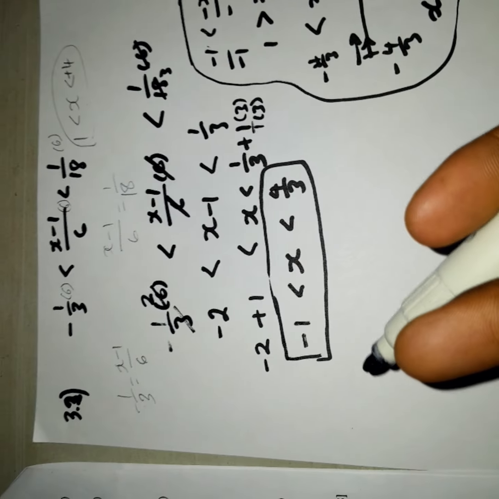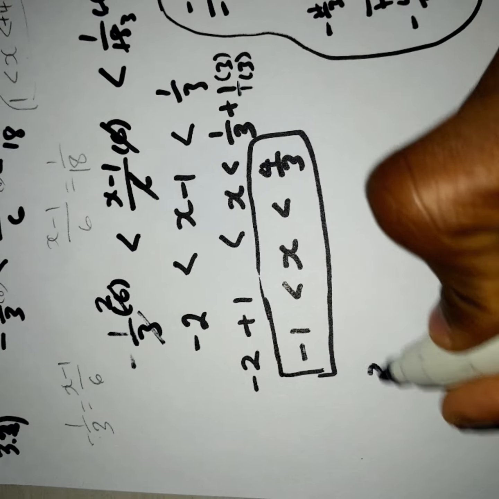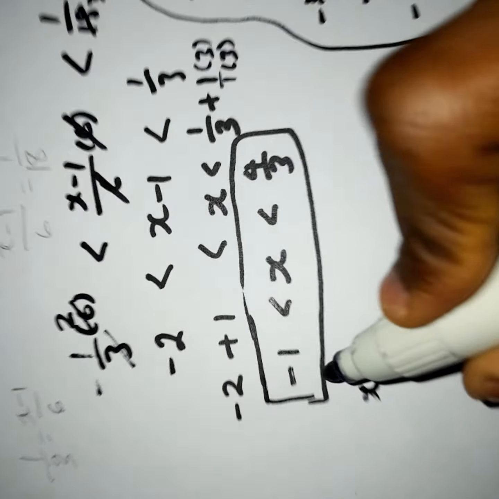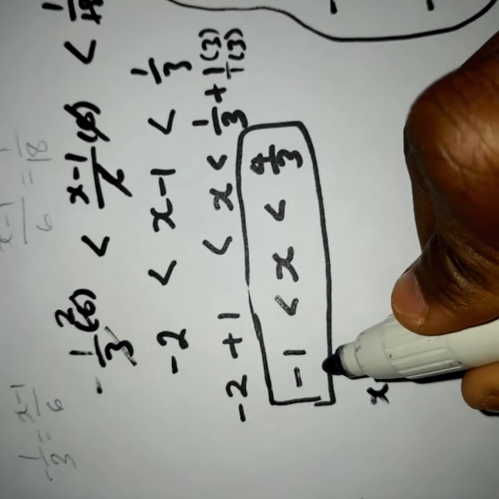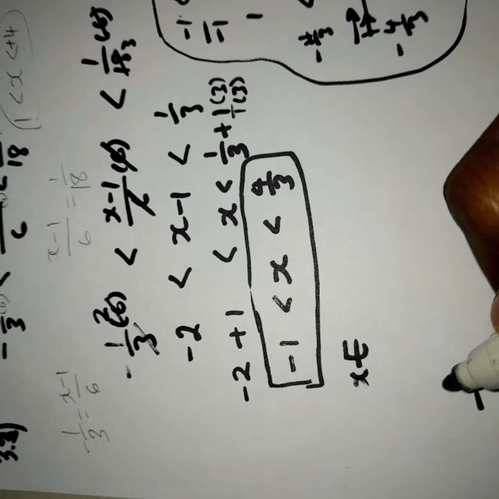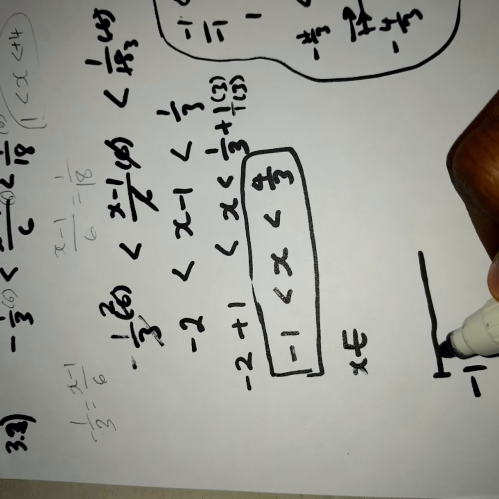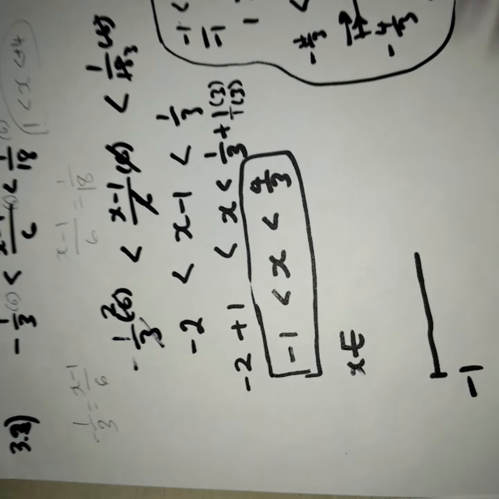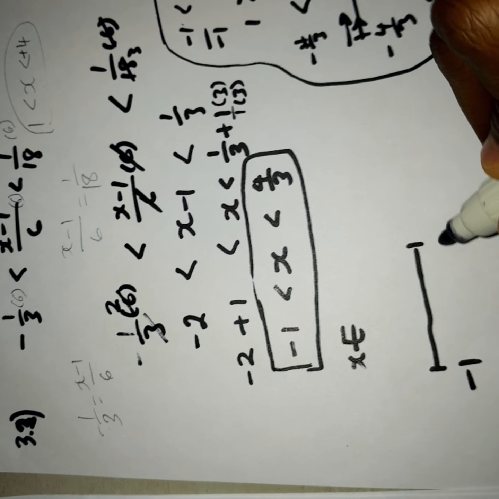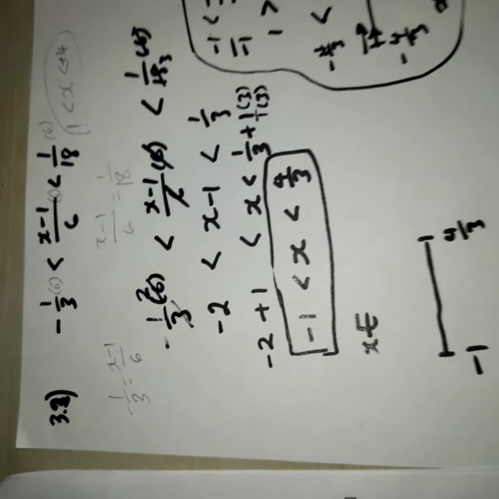If they would have said that we must leave it in this way using element of real numbers, so it is gonna be like this. Since you can see here x is greater than -1, which means greater than -1 on the number line, it was gonna go from 0, 1, 2, 3, and so forth. And here it's 1 and 4/3, which is just mainly after +1.